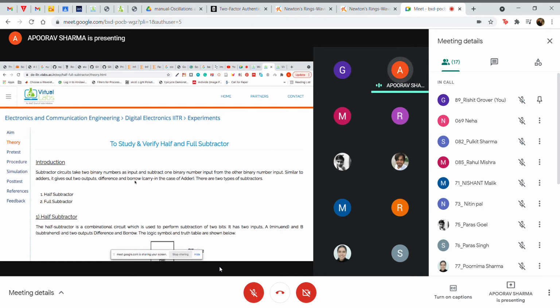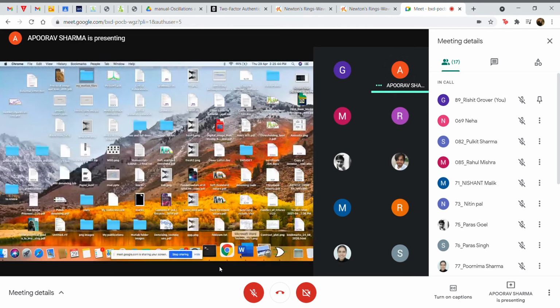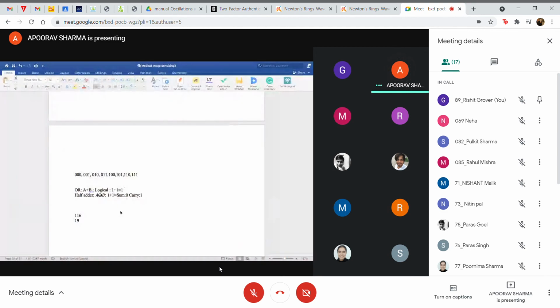In everyday life you do your decimal subtractions. Suppose you are subtracting 19 from 26.